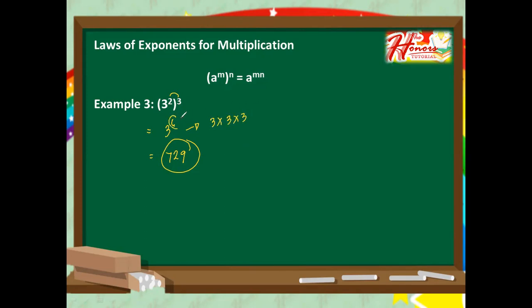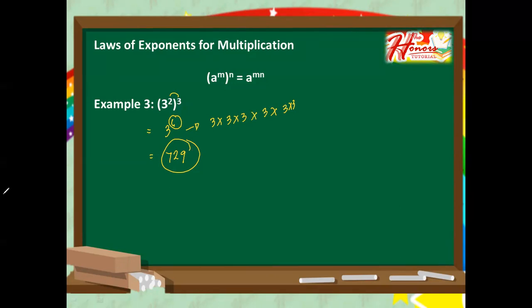Because your exponent is telling you how many times you are going to multiply the base to itself, and it is 6 times. So that is 3 times 3 times 3 times 3 times another 3 times 3. Let's see. 1, 2, 3, 4, 5, 6. And that's it. It's 729. Please don't have 3 times 6 because your answer will be incorrect.